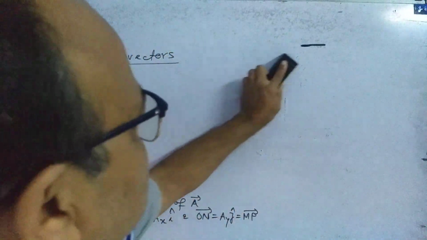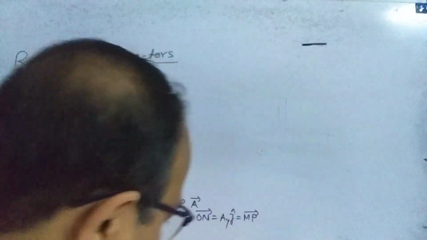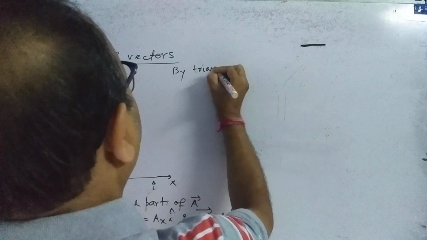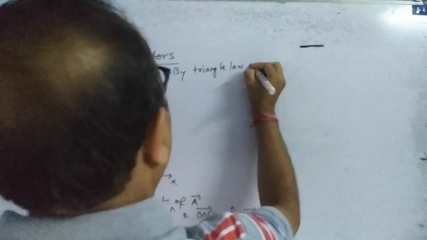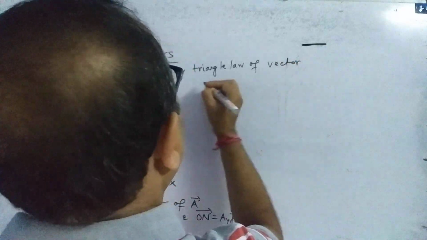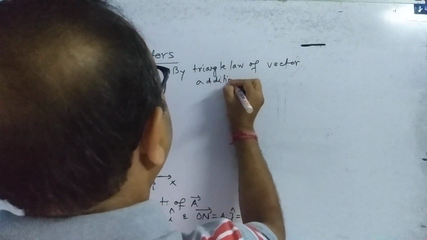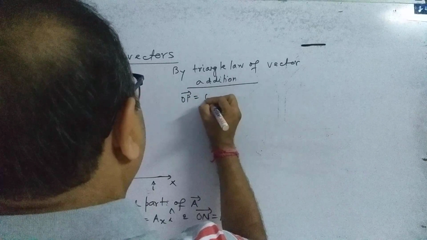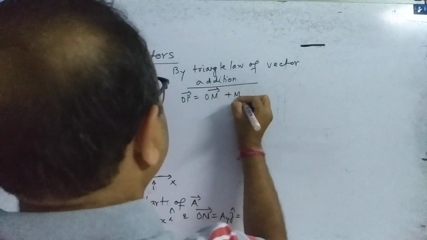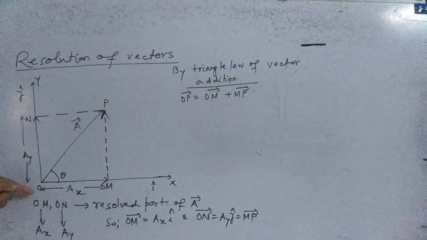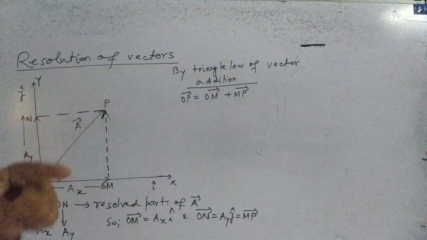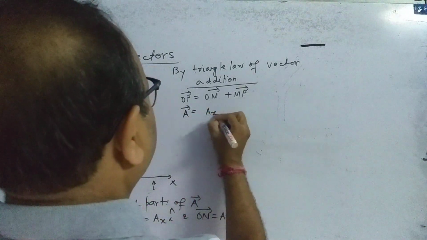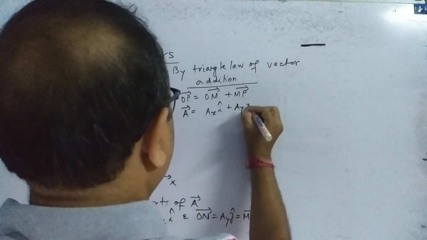Now let us apply the triangle law of vector addition. Obviously, OP vector must be equal to OM vector plus MP vector. All of you are familiar with the triangle law. So A vector is equal to AX i plus AY j.